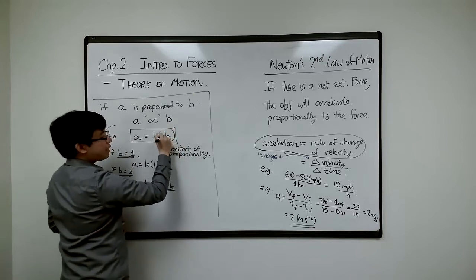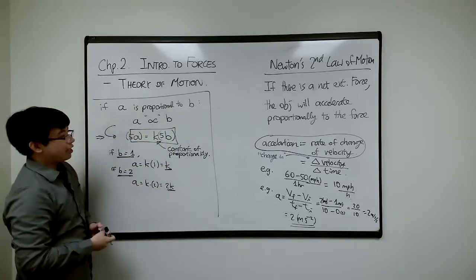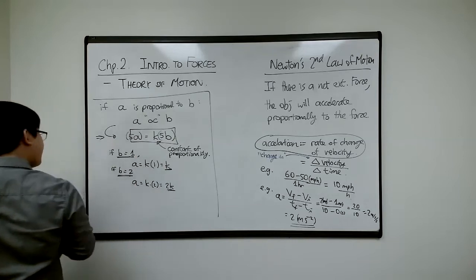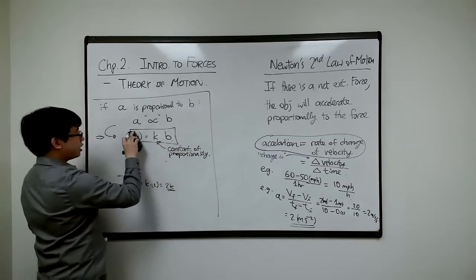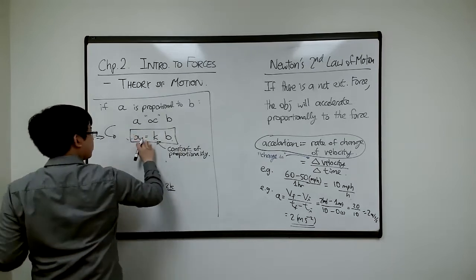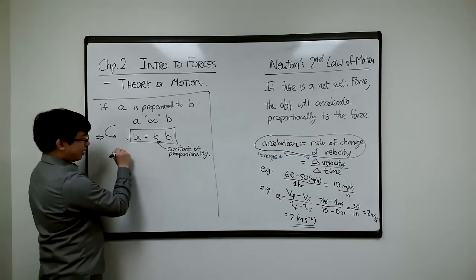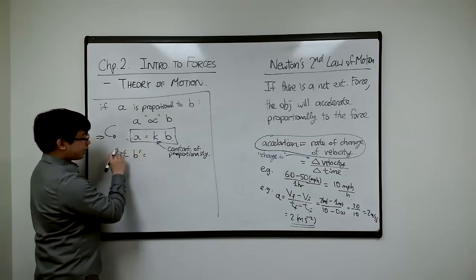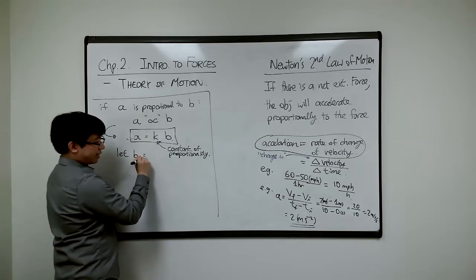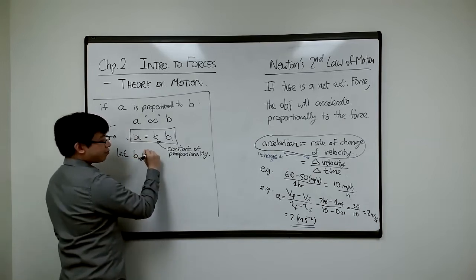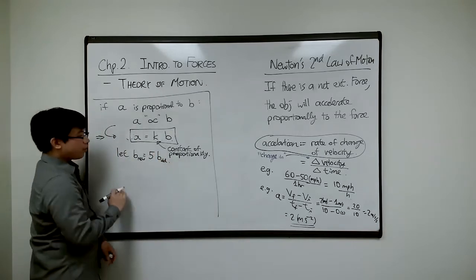So if I multiply B by 5, then I need to multiply A by 5 for this equation to be correct. Another way to think about this, maybe I'll write it separately: let me invent a new B. The new B, I could write it as B new, is 5 times the old B. Well, what happens?